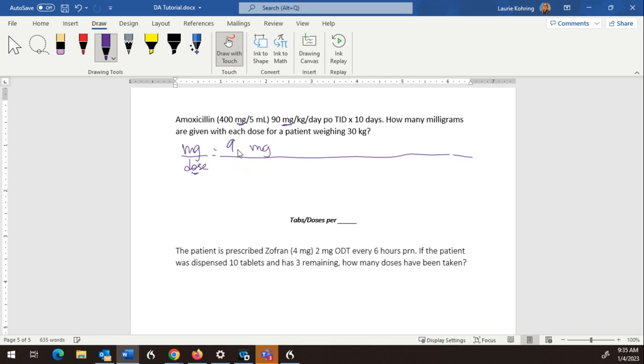take my 90, and this is a trio, so we have kilograms per day, and both of these need to be canceled out because I need dose. So I'll start with my kilograms. So I see the 30, so we'll bring that in here. And our weight is a single number, so we'll just put it over 1. And then we need to get rid of day. So where is day in the problem?